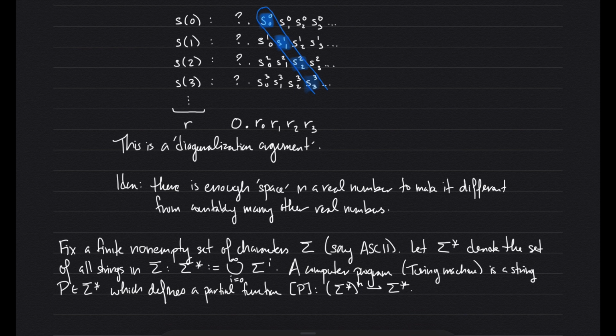Okay, so let's think about what's going on here. Let me say a bit more about these words. We're defining a computer program to be, first of all, a string. So we're thinking of this as literally being the computer program that you write in Python or whatever, a bunch of characters that make up the program. And we can forget about all the graphical user interfaces and just think about a computer program as something which takes in some input, maybe from the user, and then does something to that input and returns an output.